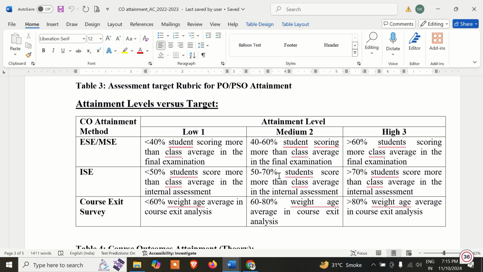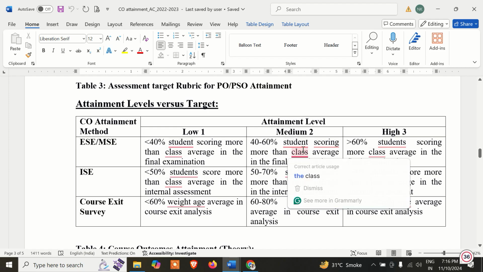Now we come to the attainment level. When you are doing the assessment through ISC, MSC, ESC or some experiments, how do you scale them as low, medium and high?